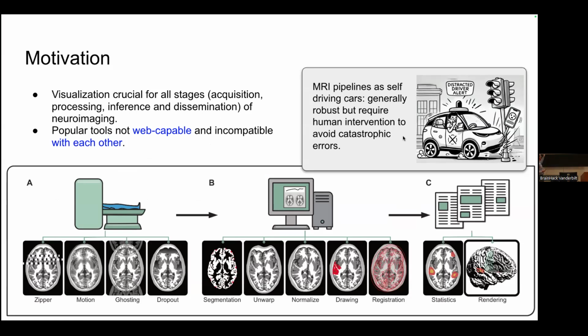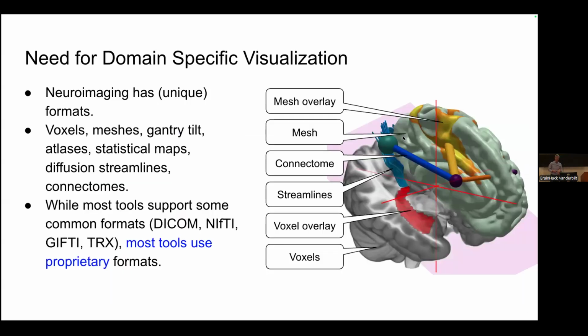Regardless of whether it's acquisition, processing, or inference and dissemination, you need a way to understand your data and visualize what's happening and understand the subtle ways that the tools that we have can get disrupted. And so I like to think of the example of modern self-driving cars, that they're remarkably reliable, but they do require human intervention to stop catastrophic failures.